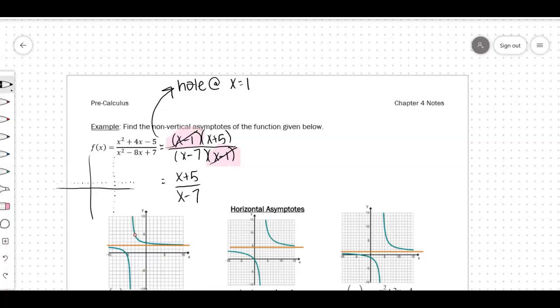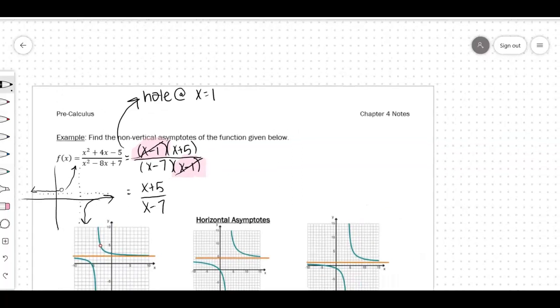So I'd expect a horizontal asymptote at 1. Again, we said a hole at x equals 1. So we would expect our graph to look something like that, and maybe the other piece would be over here. Okay, that's looking ahead. We'll talk a lot more about why the graph would look that way.